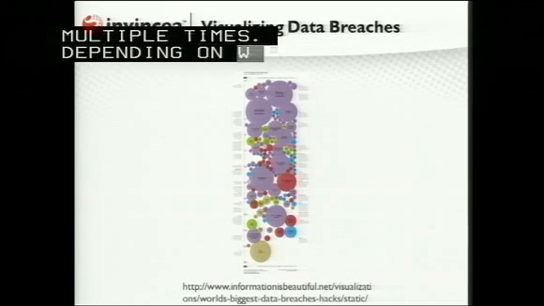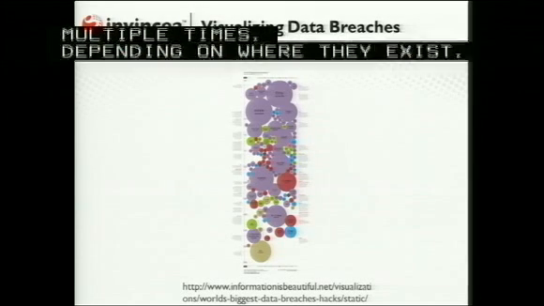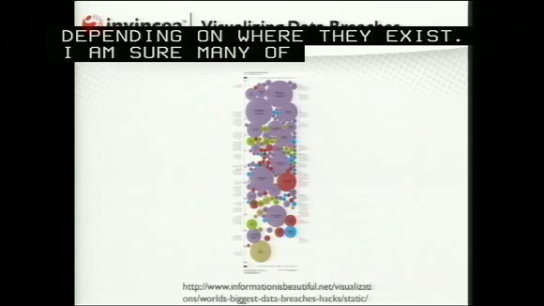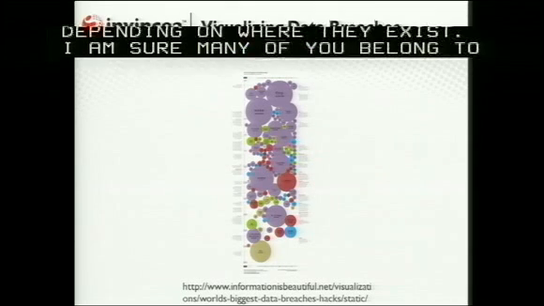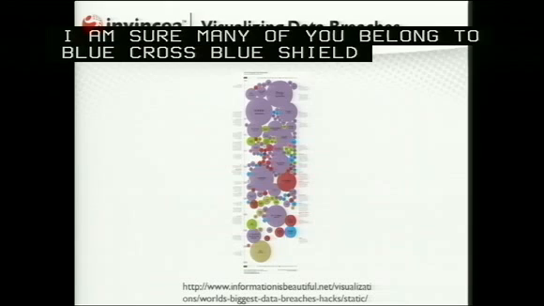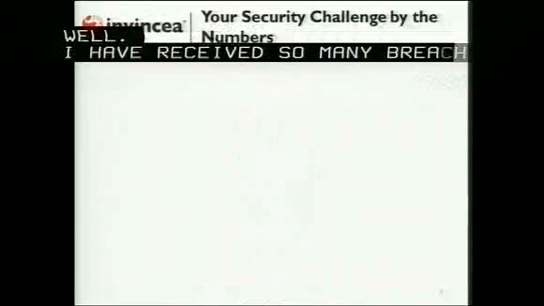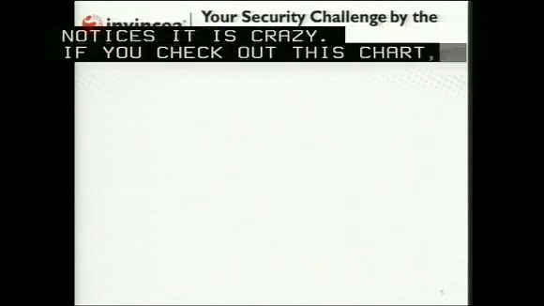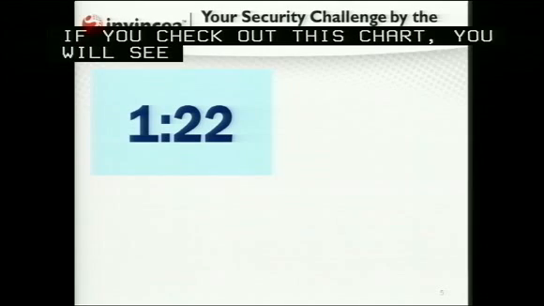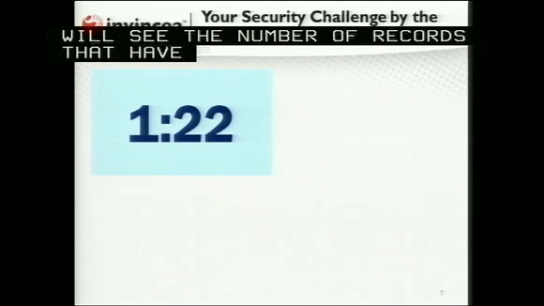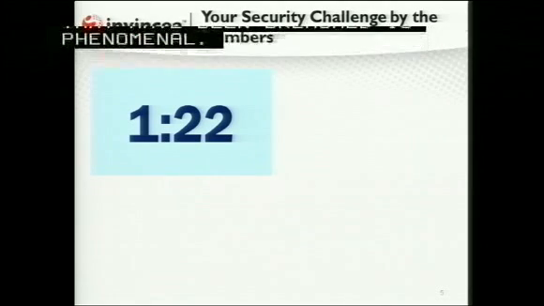I'm sure many of you belong to Blue Cross Blue Shield, and you saw that they got breached as well. I've received so many breach notices; it's crazy. If you check out this chart, the number of records that have been breached is phenomenal.